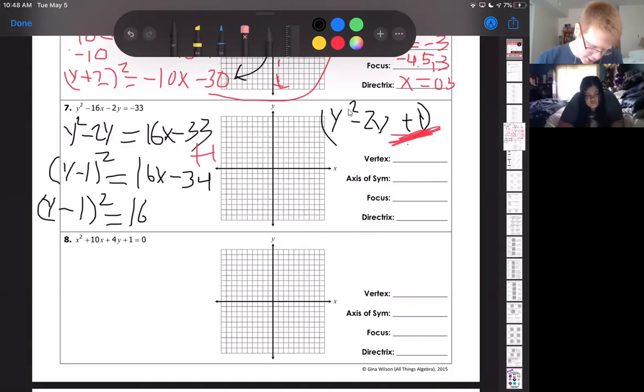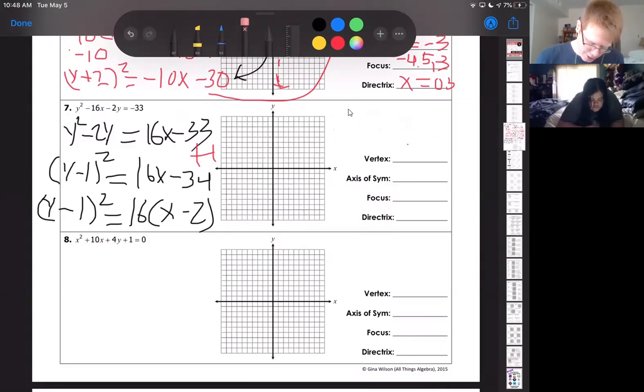I could pull out a 16, so this would just be x minus 2. I guess it's possible for this to not work out nicely, but for these problems, it should. Because if not, your vertex is going to be a decimal, and it would be hard to graph by hand.